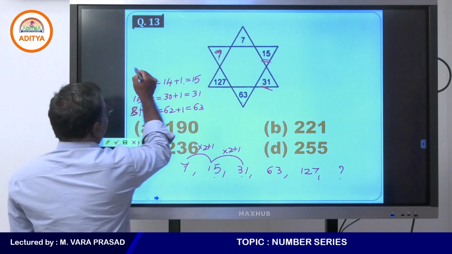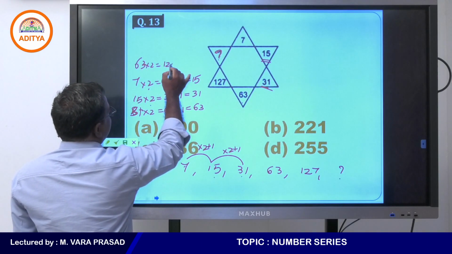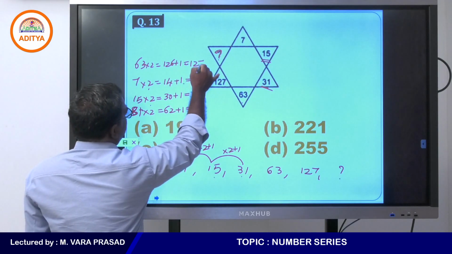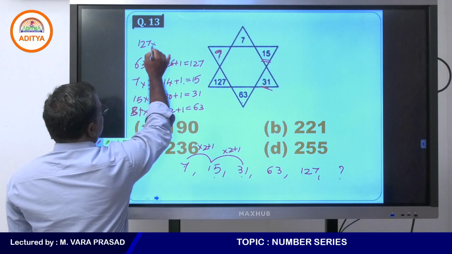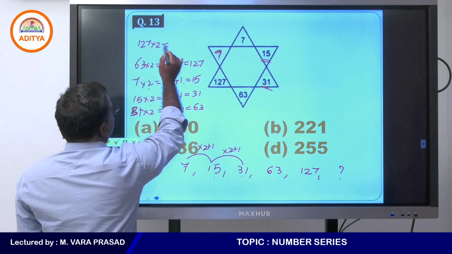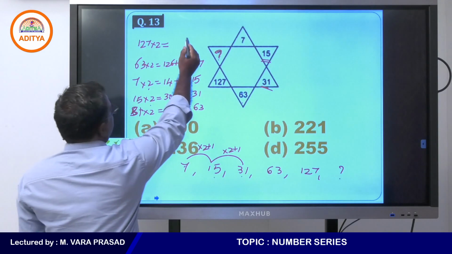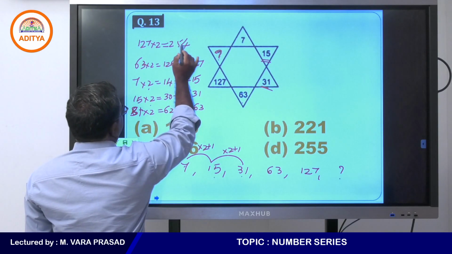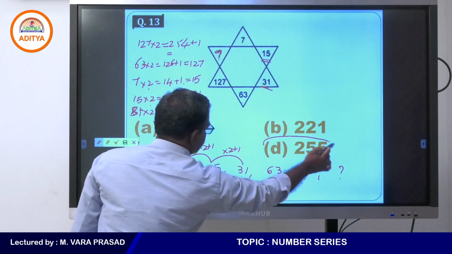Now 63 into 2 plus 1: 126 plus 1 is 127. Now the same process: 127 into 2 is 254, plus 1 is 255. This is option number 4.